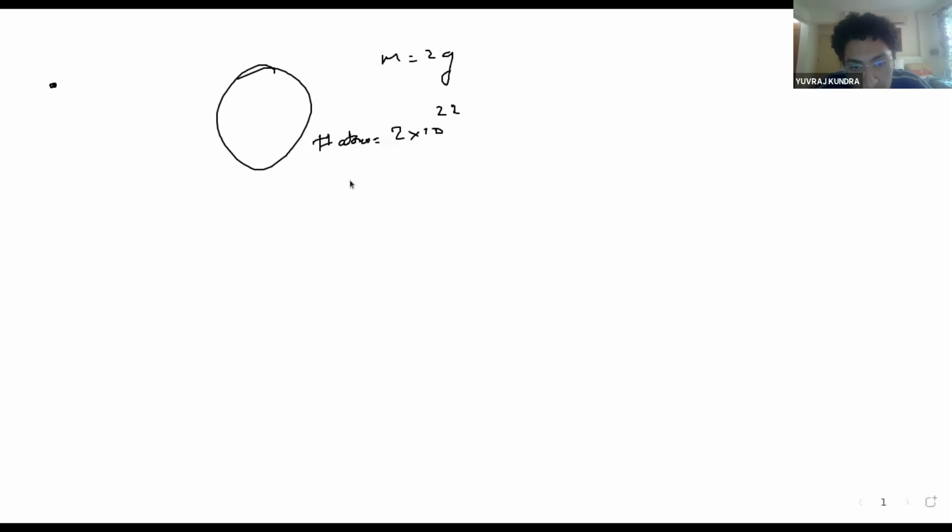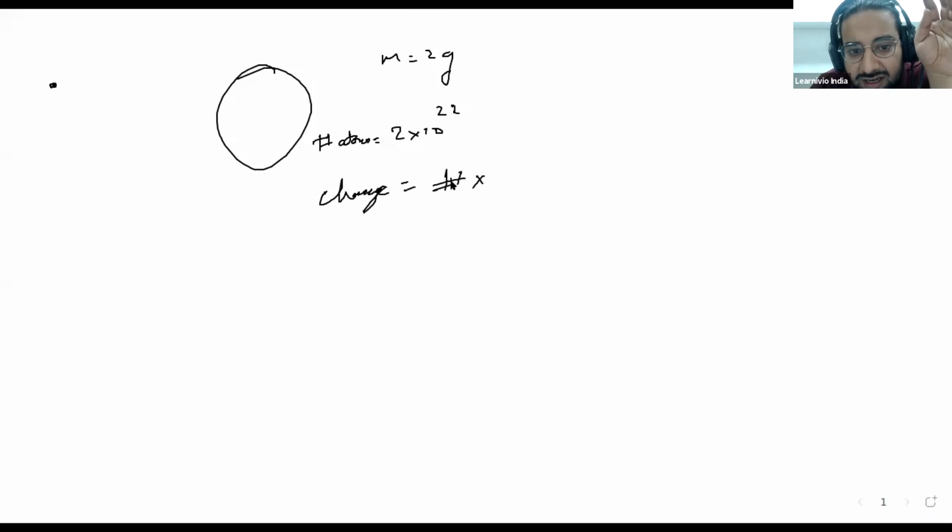So the mass of the copper sphere is 2 grams and it contains about 2 into 10 raised to power 22 atoms. How many charges per atom? 29 e, electronic charge.